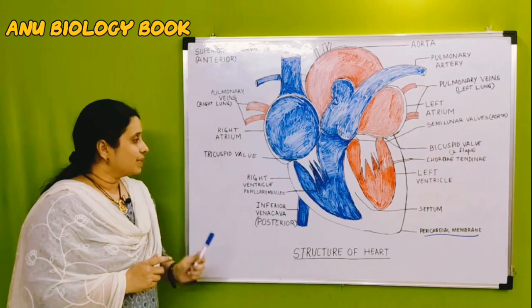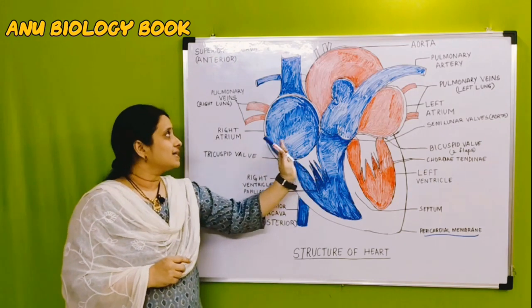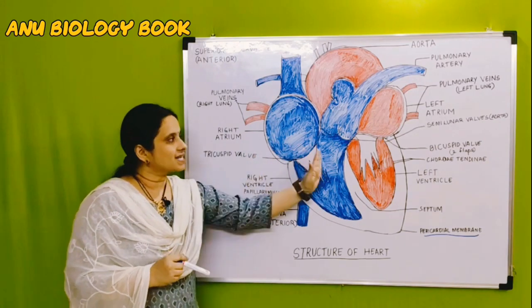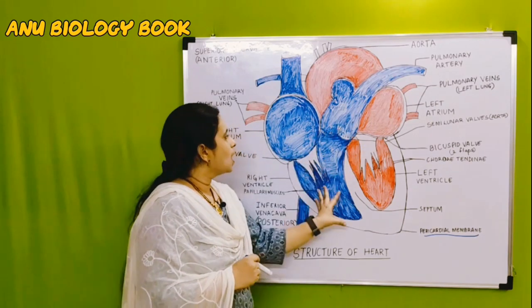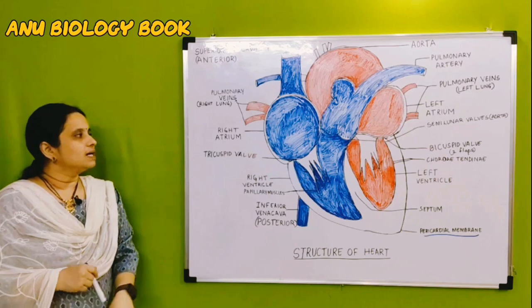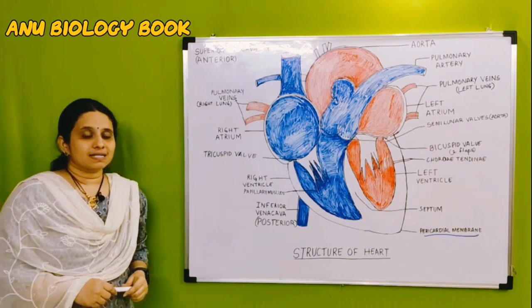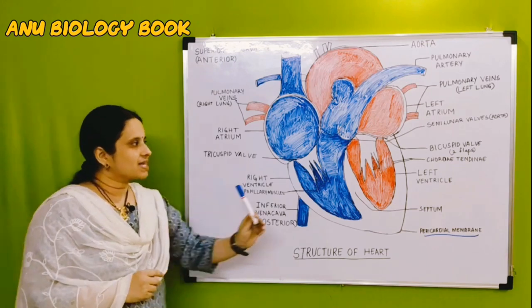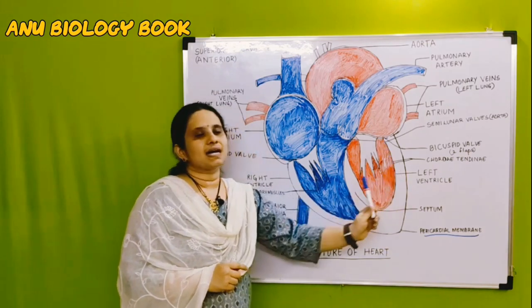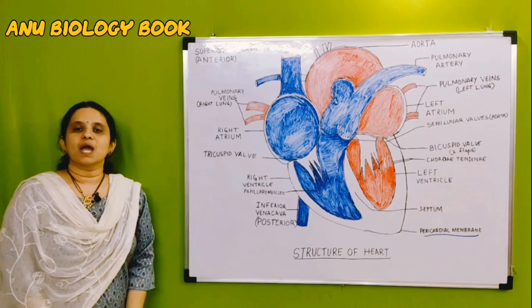Coming to the right side of the heart, if you can see, it is completely filled with blue color. So the right side of the heart consists of the deoxygenated blood and the left side of the heart completely consists of the oxygenated blood.